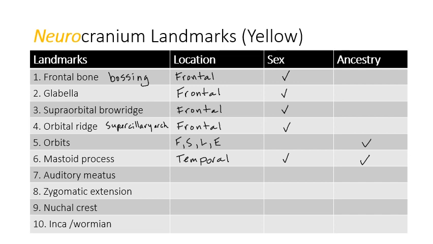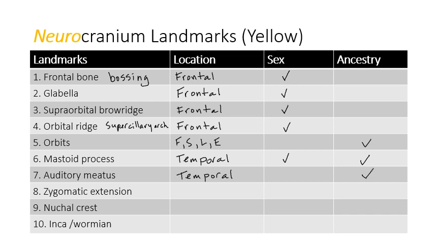And again, note, okay, I have the mastoid process. It's an area that I want to be able to analyze when I'm completing my assignment, and writing that in might even be part of your draft work as well. The auditory meatus, we do find that on the temporal bone as well, and that helps us identify ancestry.